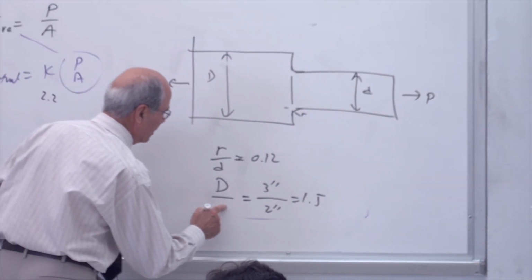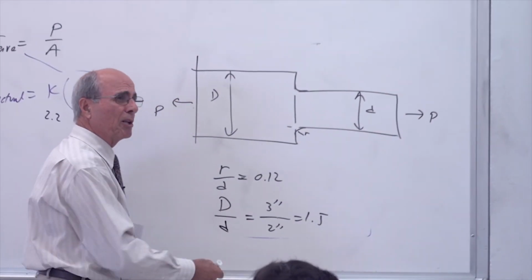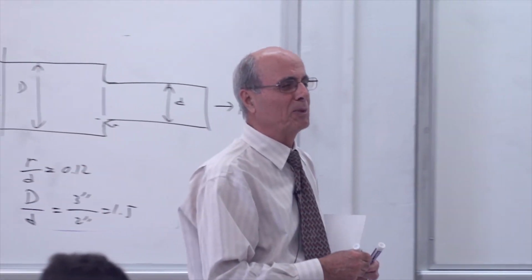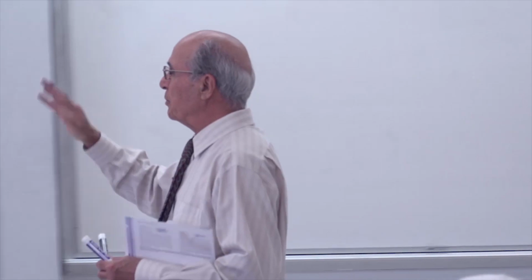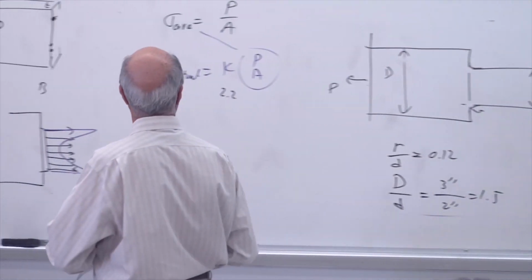Maybe that was the confusion. It was D over d, whatever the curve said. Thank you. Because this is so simple, I don't even want to spend time here. We have much more important discussion to follow.